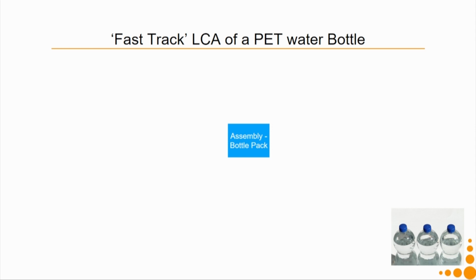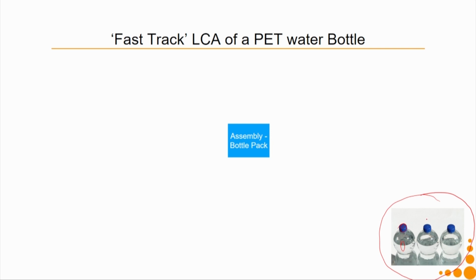So, how do I do a fast track LCA of a PET water bottle? You can see below the image of a PET water bottle. The transparent part is made up of a plastic called PET, the cap is made up of a plastic called polypropylene.